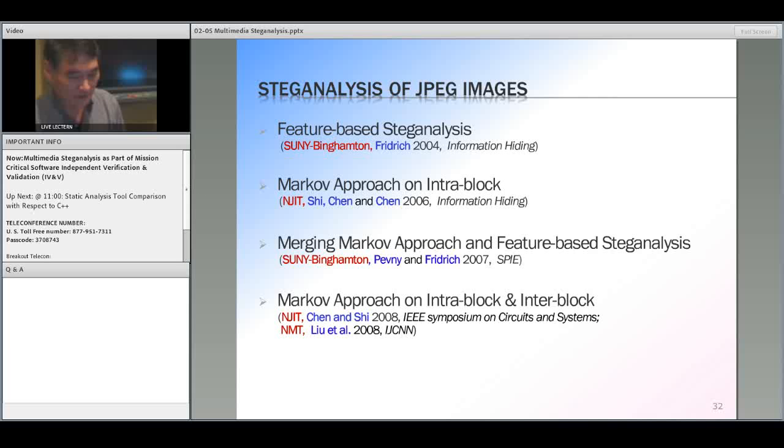In one of the papers we published several years ago, we extended the Markov approach to include not only intra-block information, but also inter-block information between 2 adjacent A by A blocks. It's certainly another thing that can be taken into consideration.